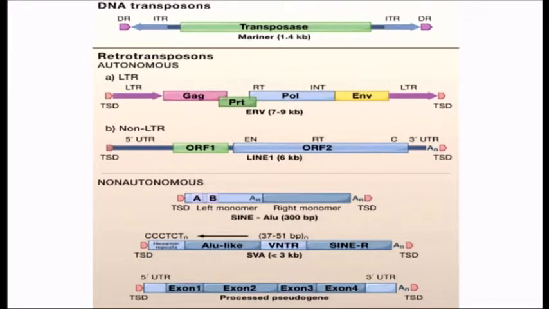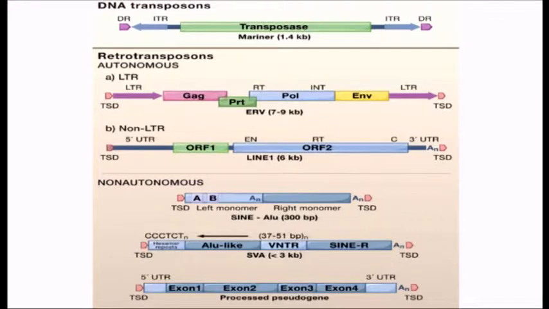And here are the transposons that are found in human DNA, many of which are inactive. We have DNA transposons. These are cut and paste elements as contrasted with the retrotransposons.